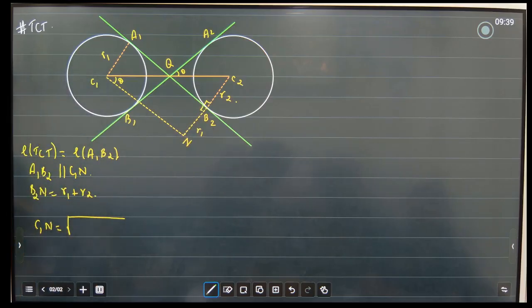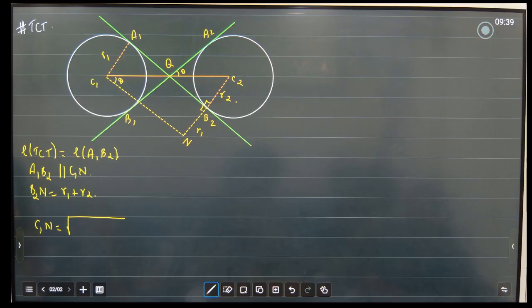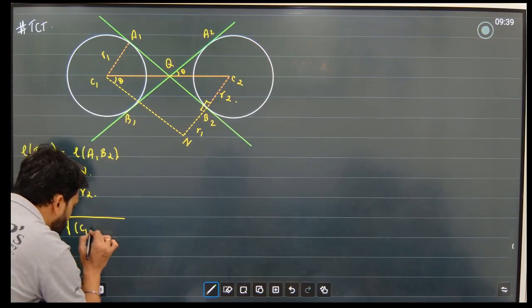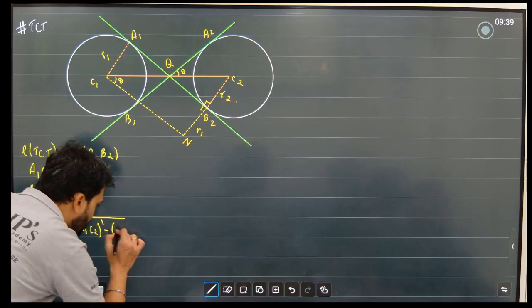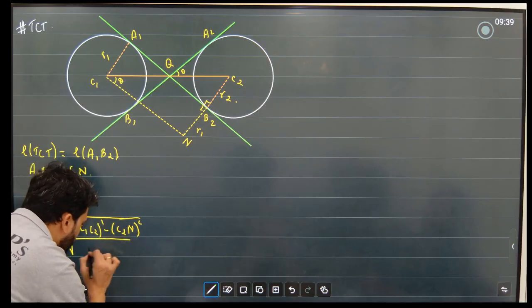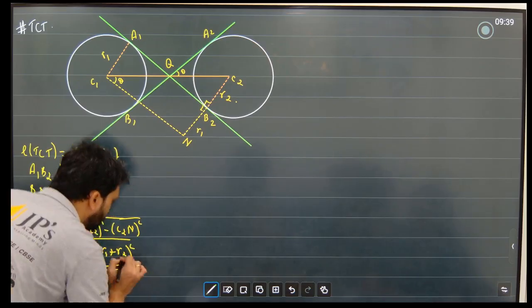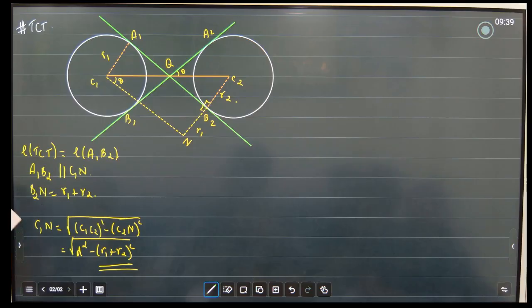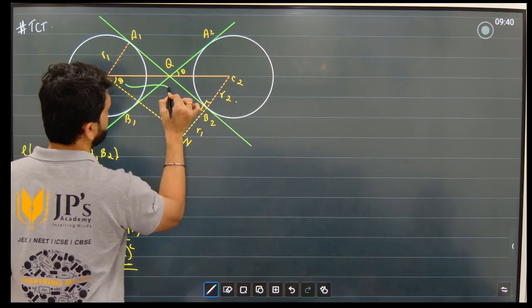Okay, if I solve for C1 C2 N, C1N will become under root of C1 C2 the whole square minus C2N the whole square, and this will become D square minus R1 plus R2 the whole square. This is the formula for transverse common tangent, where again, like the previous thing, we have taken the value of C1 C2 as D.